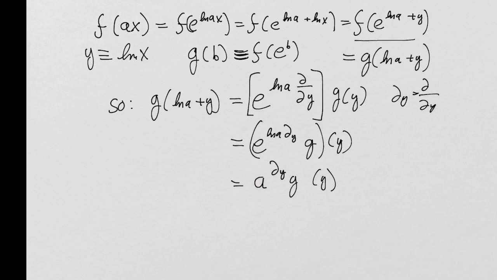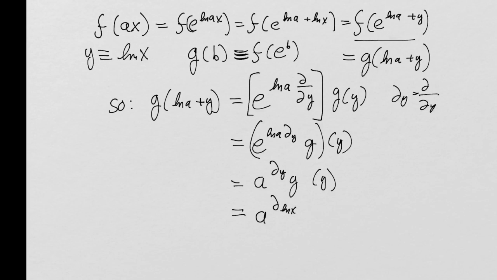And now we just go back and start reinserting our functions f and ln x, right? So how would we do that? Let's see. You would go, this is a, the partial of y is now partial ln of x.